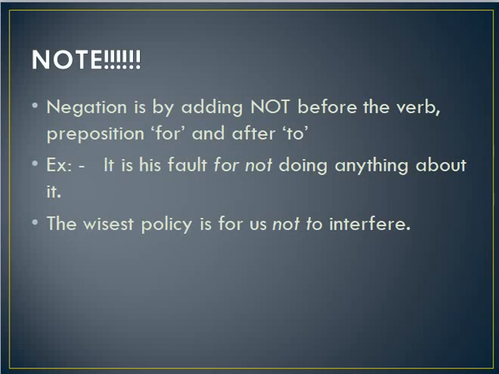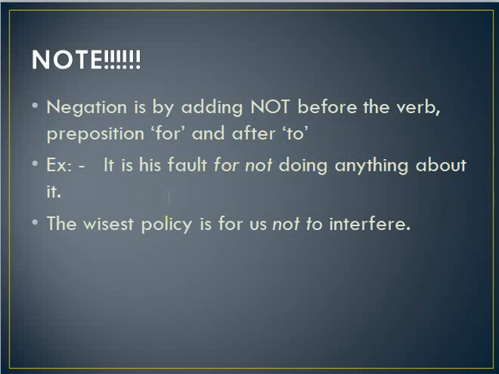Let's take this example and try to analyze it accordingly. It is his fault for not doing anything about it. So the non-finite clause here is doing anything about it.